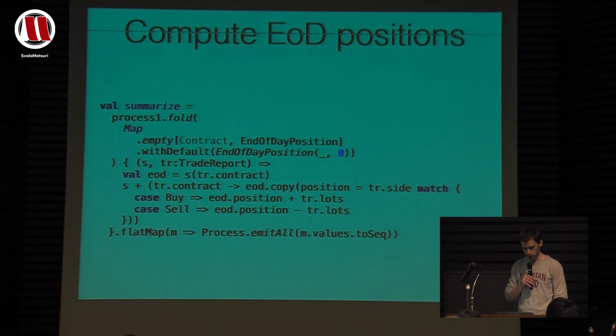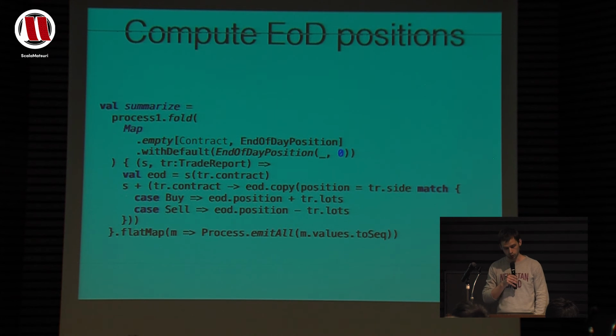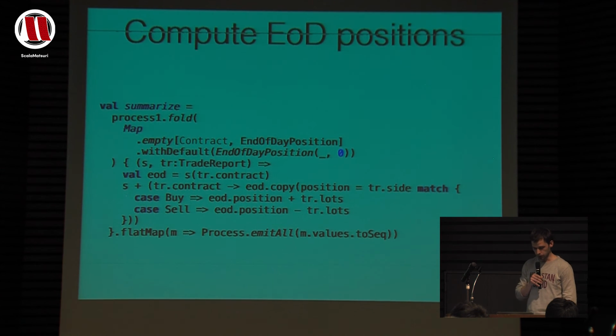We start with a simple map, and given a trade is a buy, we just increase the position with the given lots, or if it's a sell, we subtract the given lots from the position.